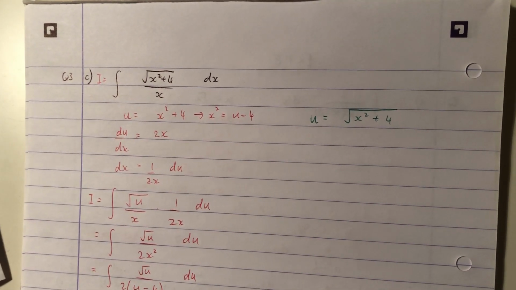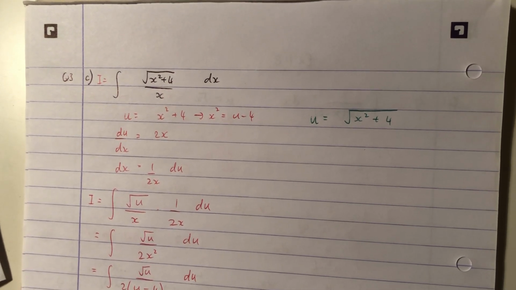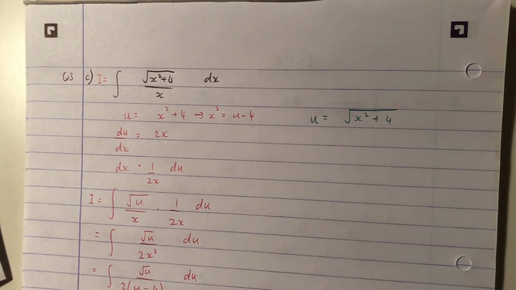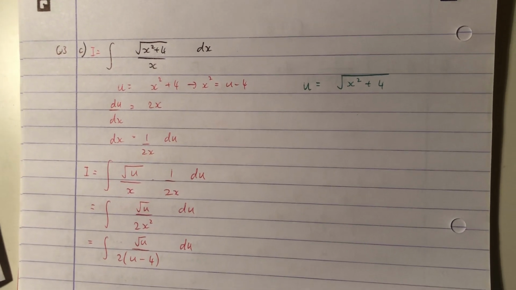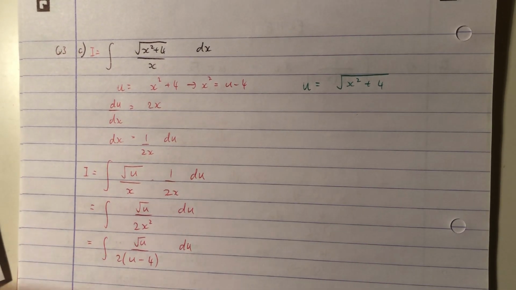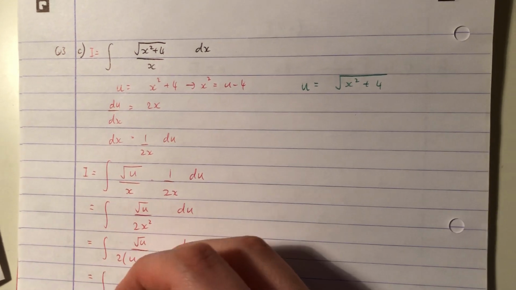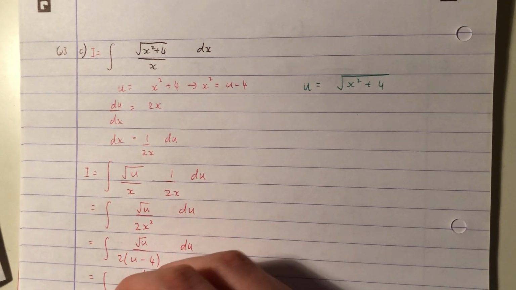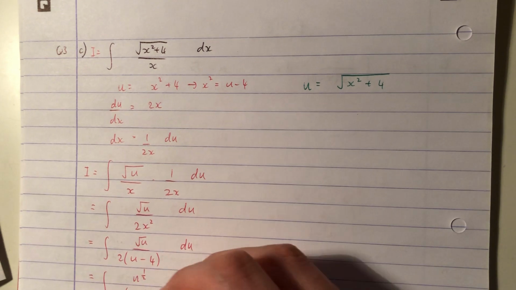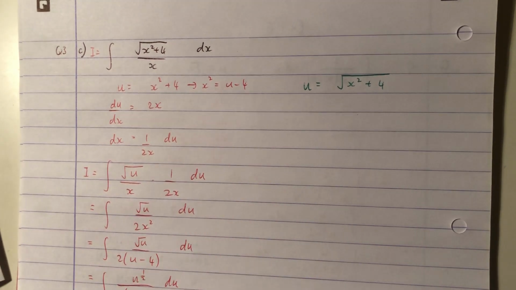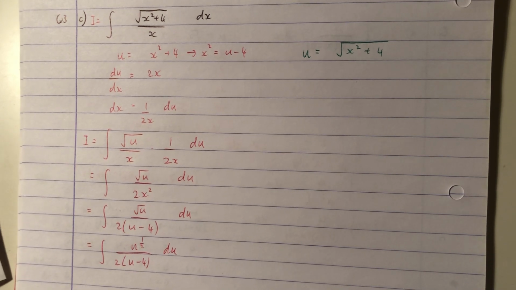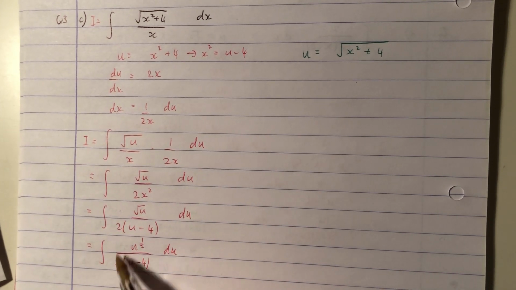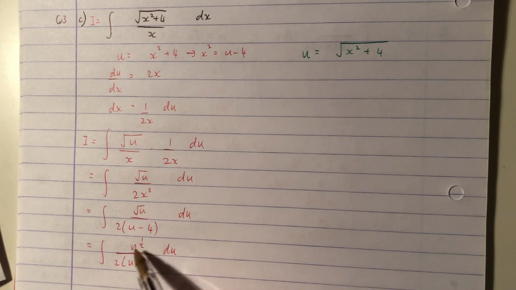Now, not 100% convinced this is any easier than the integral we started off with. Things you could do, you could write that as u to the half over 2u minus 4 du, but don't really know what to do after that. You can't write this as separate fractions because the numerator is by itself.